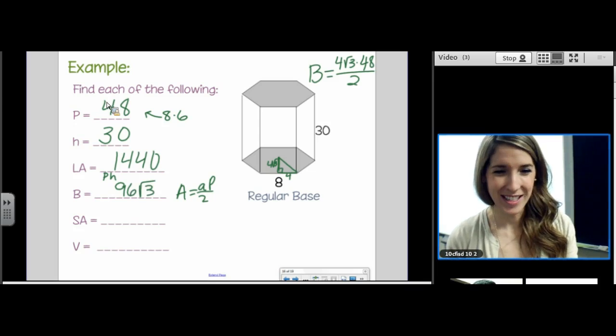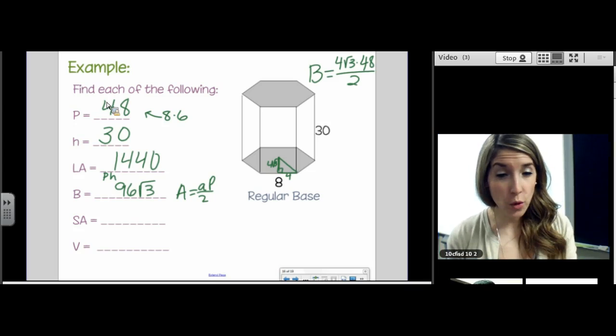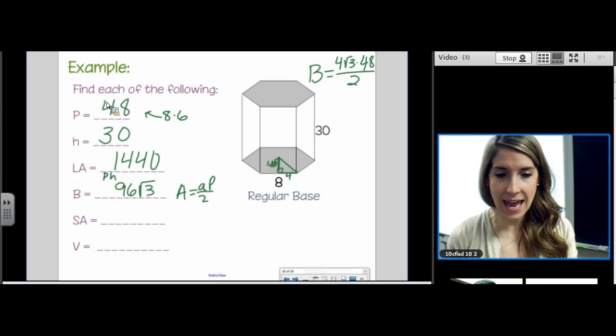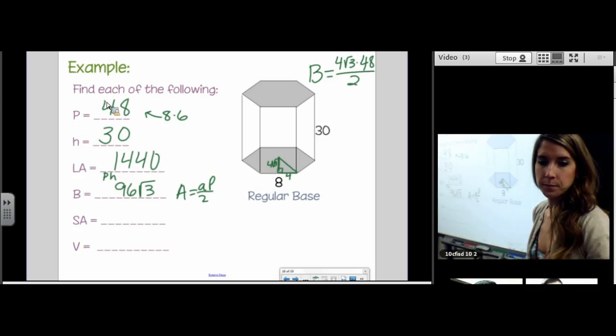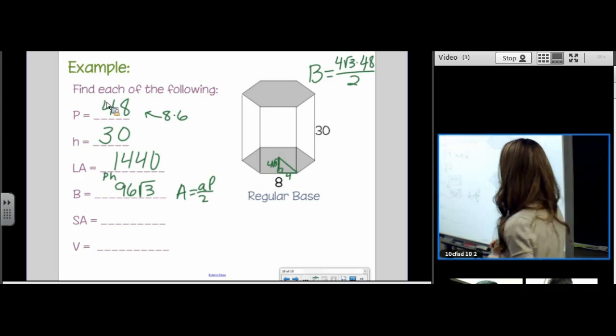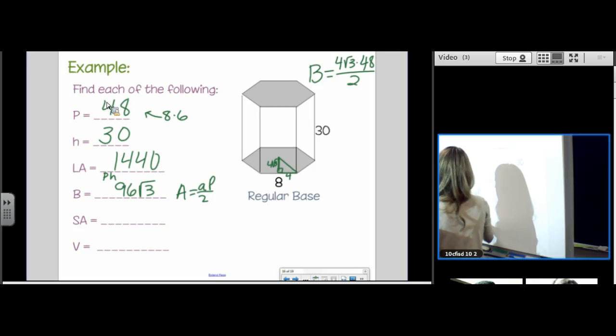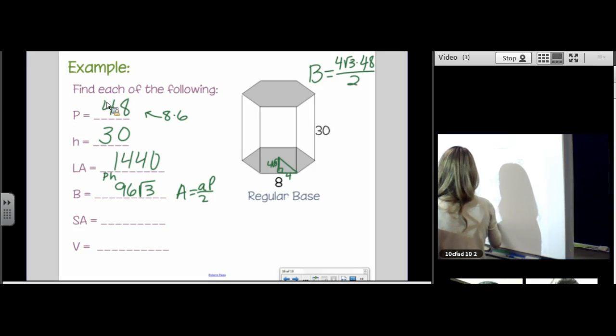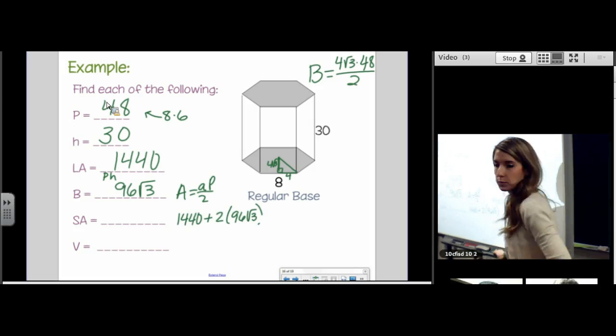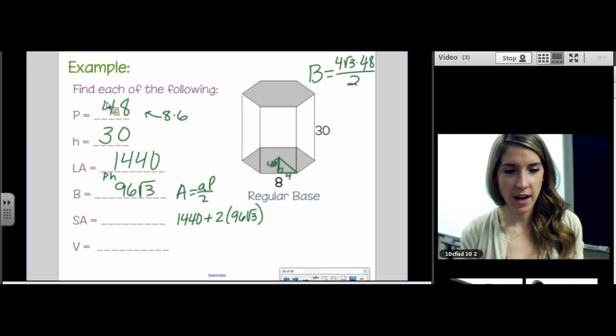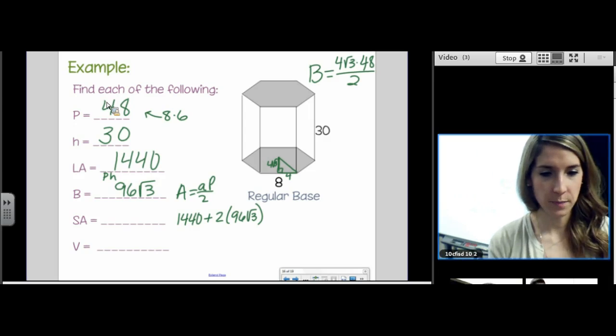Graham, this one's really yours this time. Tell me the surface area, the total surface area. When you see SA, it means total surface area. Remember that it's going to be the LA plus 2B. Sorry, Graham's not here. Quan, yours.